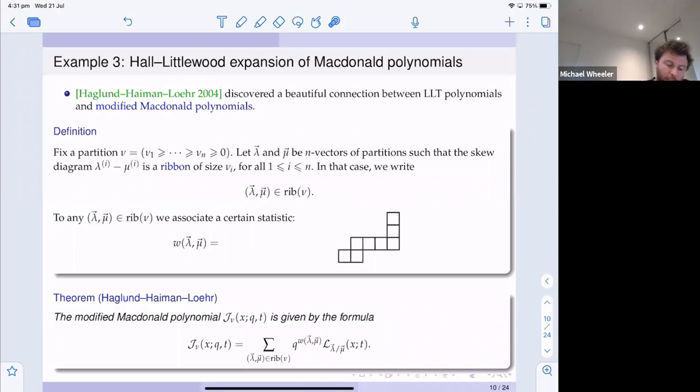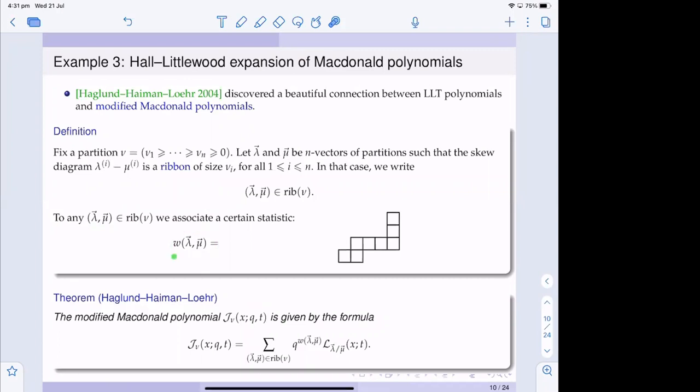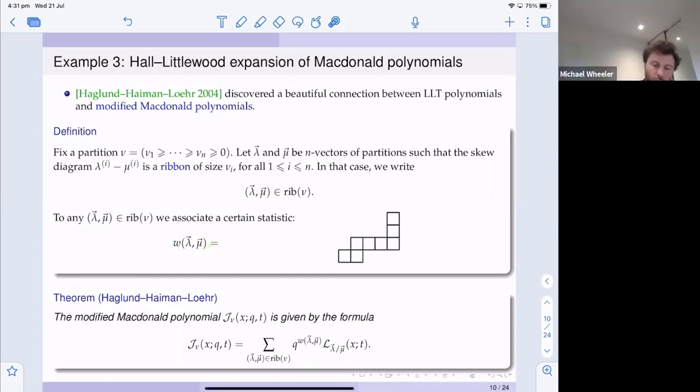And then for any pair of vectors that live inside of this set, you can define a certain statistic, which I have denoted by this W here. So let me try to at least give an example of how you compute this statistic.